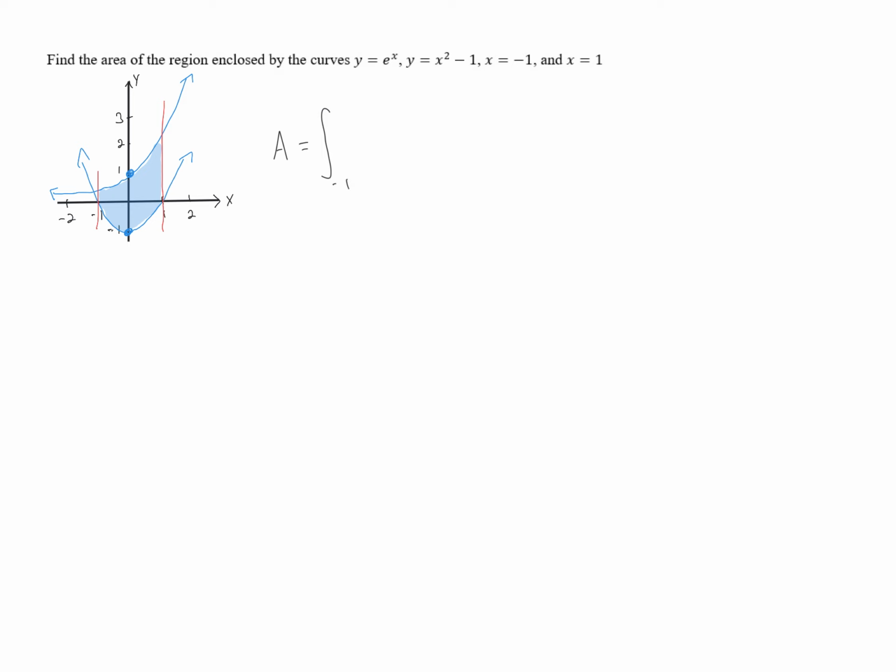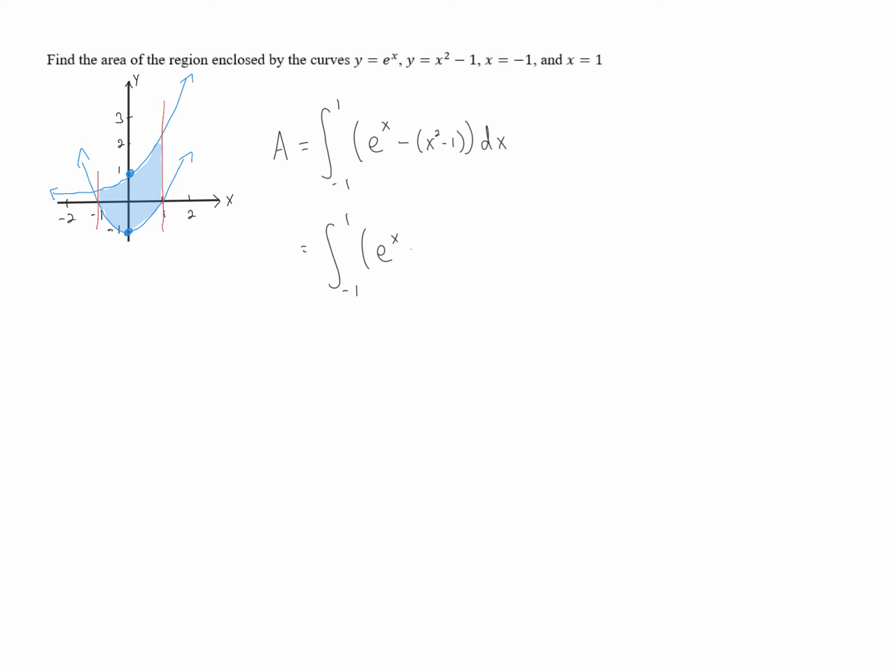Here we can see we're going from -1 to 1, and our larger function is e to the x, so our integrand is going to be e to the x, and then minus the other function, x squared minus 1, and then all dx.